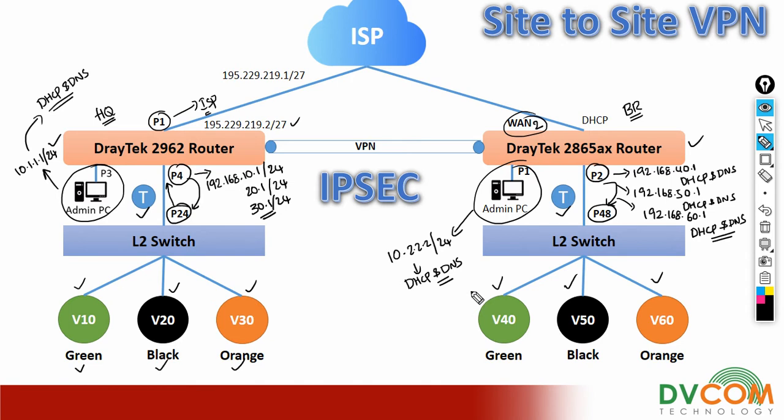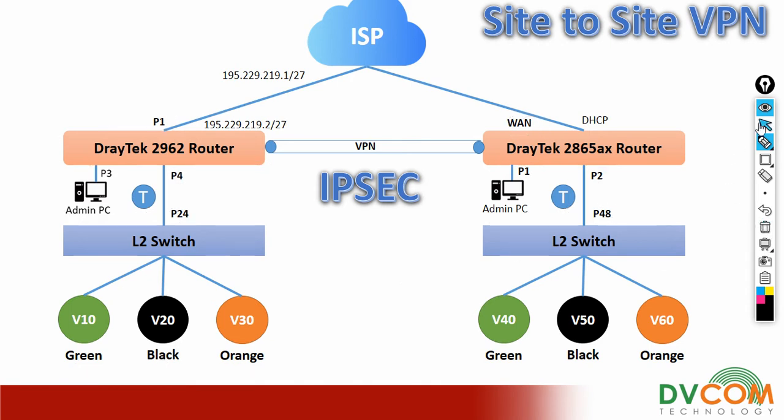Now I am going to show you how to configure site-to-site VPN between the 2962 and 2865 routers.